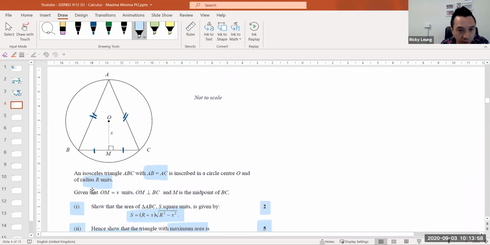Let's have a look. Looks like if these are equal, I'm seeing Pythagoras in 2 triangles. Looks like that's the radius. I wonder if I use that one, because there is another one, isn't there?